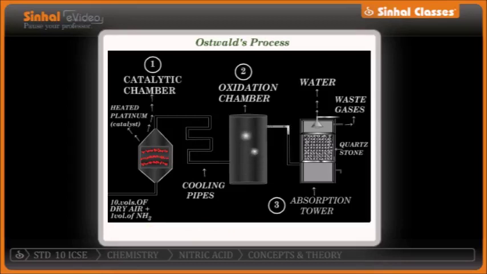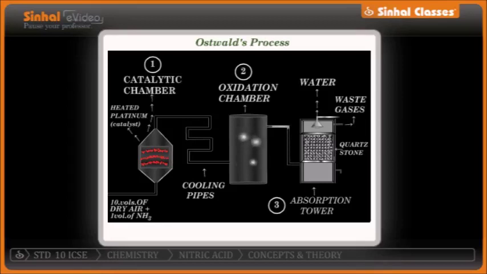This absorption tower is packed with cords. Generally this absorption tower can be made up of steel, that is an alloy of iron, and it is inside packed with cords. Reason: nitric acid which will be obtained is highly corrosive in nature. So we have packed the whole apparatus with cords.